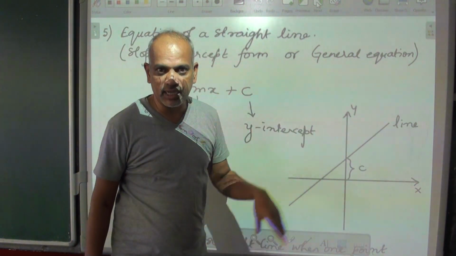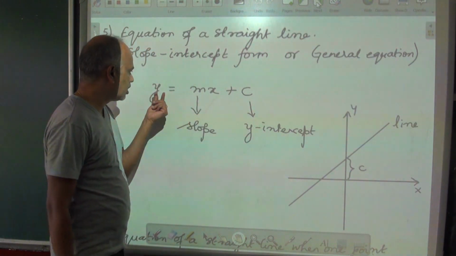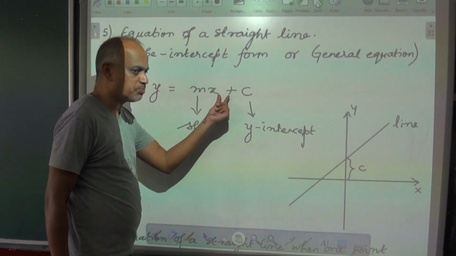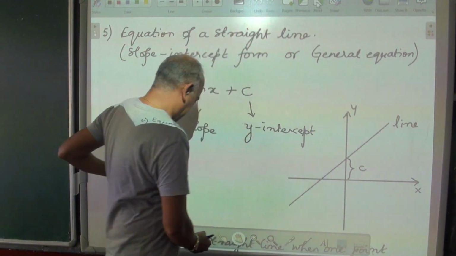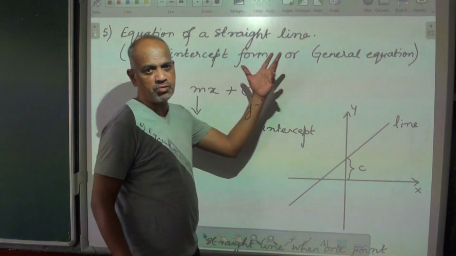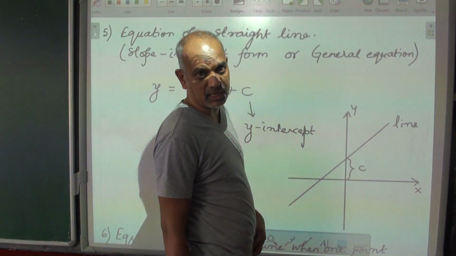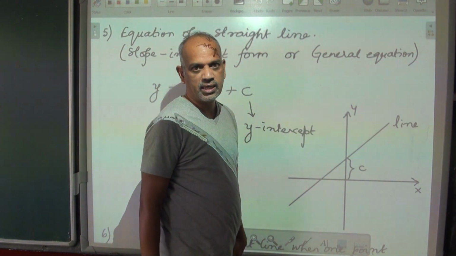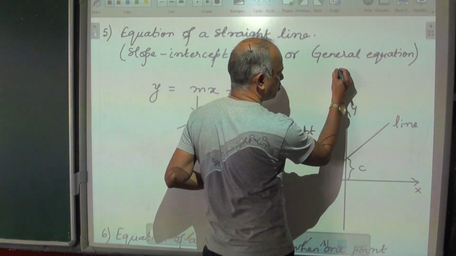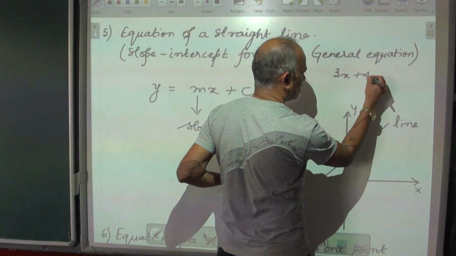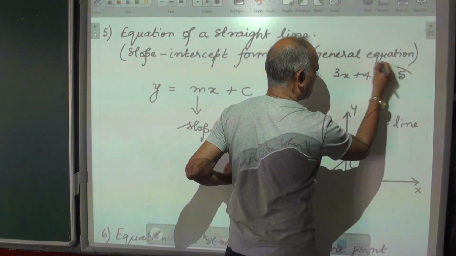Usually, the general equation of a straight line is given as y is equal to mx plus c. That time I gave you the equation of a straight line is any simultaneous equation. Okay. Say the example that time I gave you was 3x plus 4y is equal to 5.